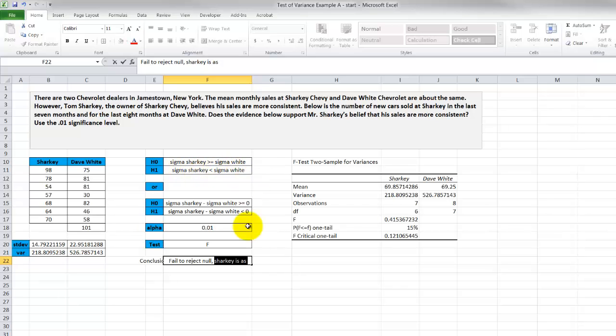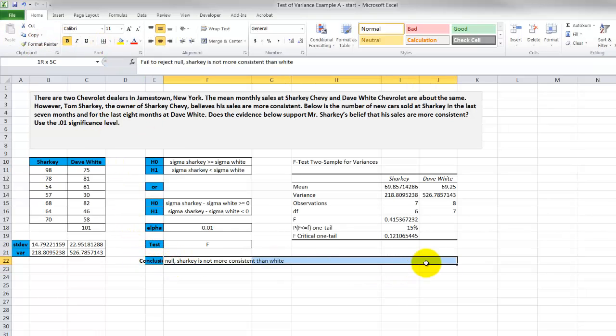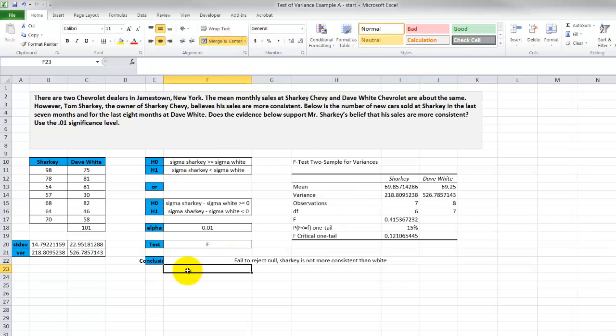Sharky is not less, so Sharky is not more consistent than White. Okay, so that's really our conclusion. At least we don't have enough evidence to support that particular claim.